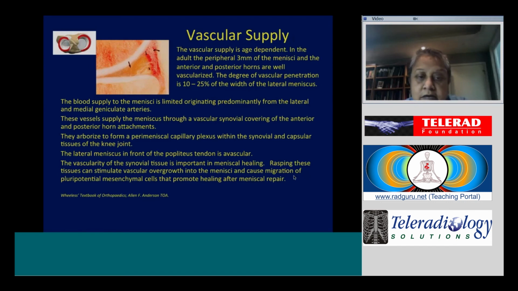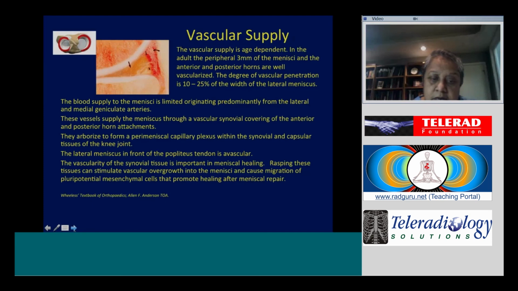The vascularity of the synovial tissues is important to remember when one is considering meniscal healing. And you know this is true because when you rasp the tissues there, you can stimulate vascular overgrowth into the menisci and cause migration of pluripotential mesenchymal cells, which will promote healing after meniscal repair.